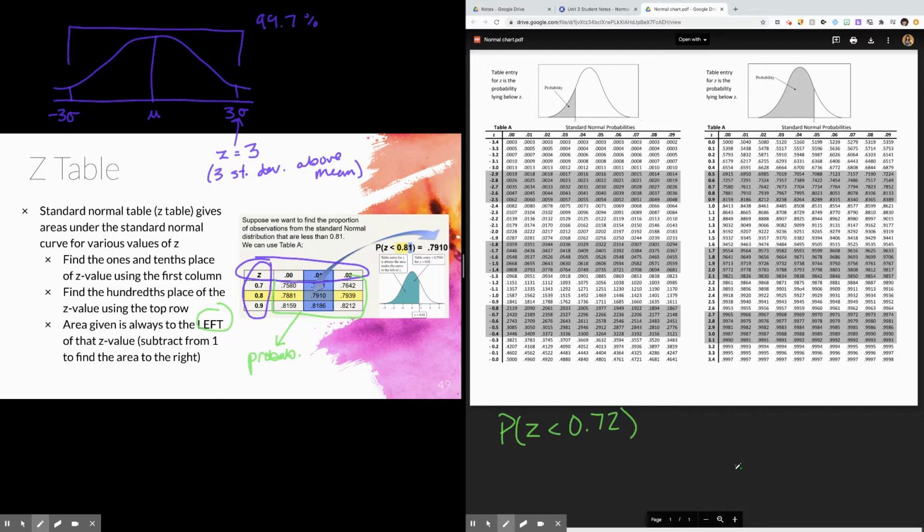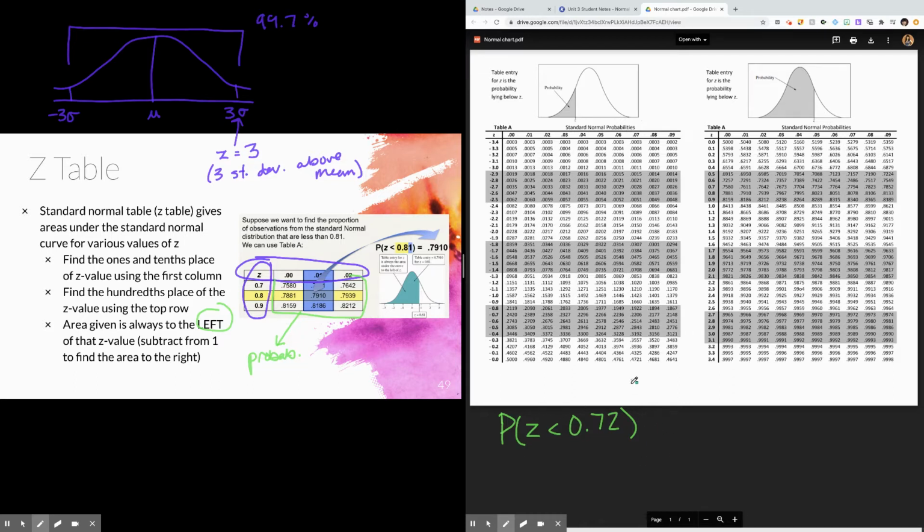This right here that I've written in green on the right-hand side of your screen is called probability notation. Whenever you do z problems and normal distribution problems, you'll have to include probability notation like this so that the reader has context for the probability that you are reporting.